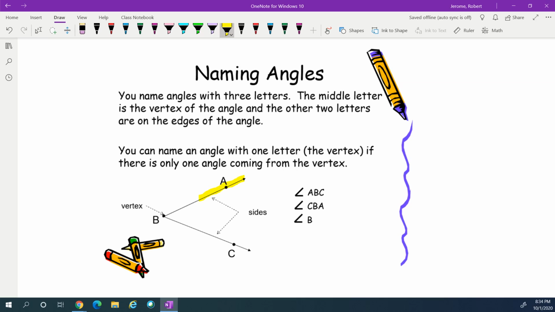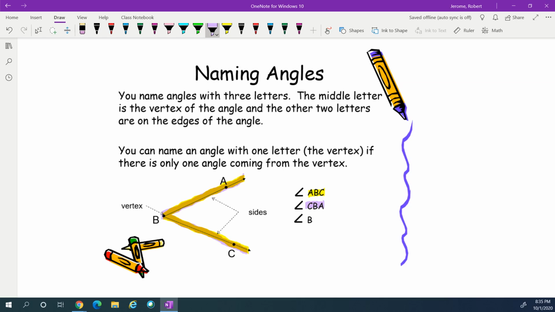I'm going to go through A. I'm going to get to B, the vertex, change direction, and then go out to C. So notice I went A, B, C. Now I could have gone the other way. I could have started with C and gone through B, and then to A. So angle CBA. That's how we name an angle.